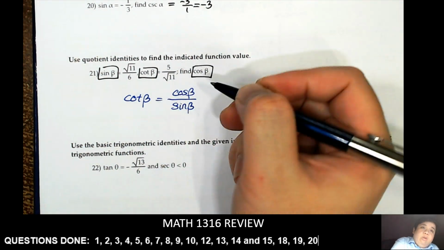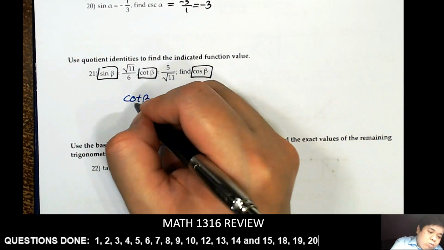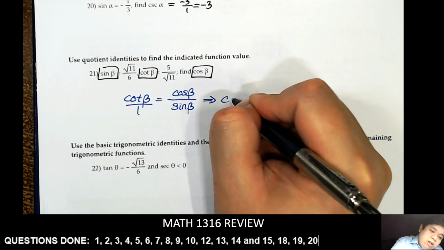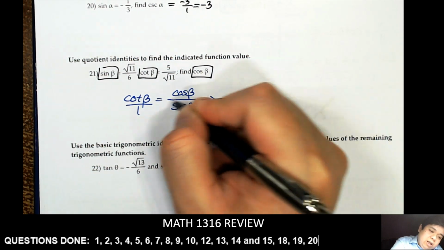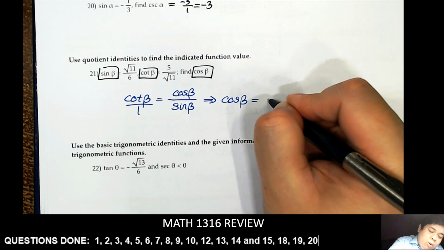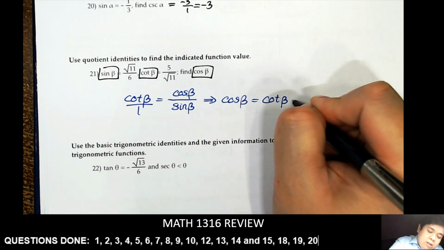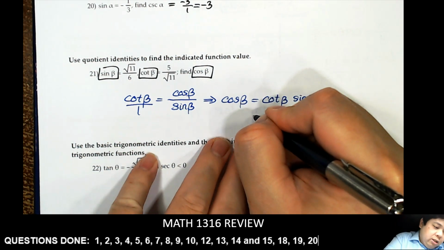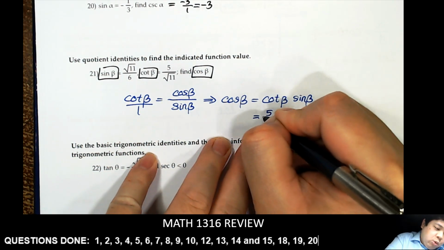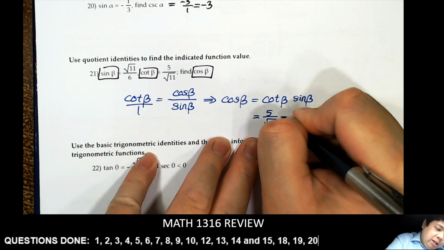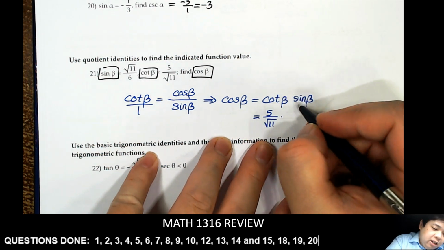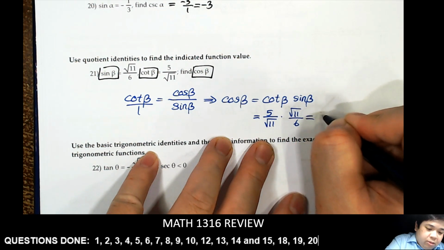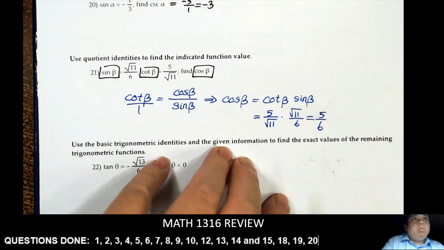So if we have to solve for cosine, we cross multiply, giving us cosine equal to cotangent times sine. Cotangent is 5 over square root of 11, and sine is square root of 11 over 6. Multiply them, and that gives us 5 over 6. So this is pretty simple.